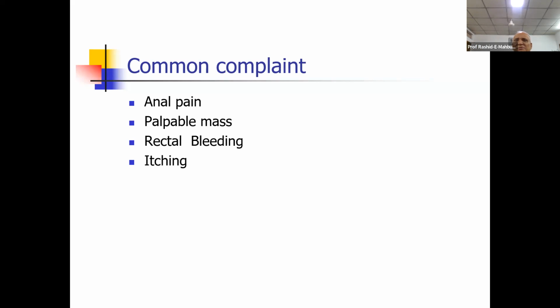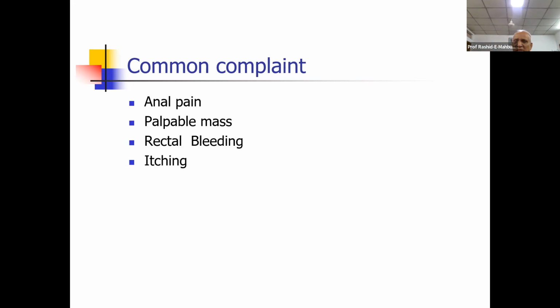When he defecates, he faces severe bleeding, and the blood comes just after defecation, drop by drop. So anal pain, you must remember, is a great clinical sign for a patient with anorectal problems.